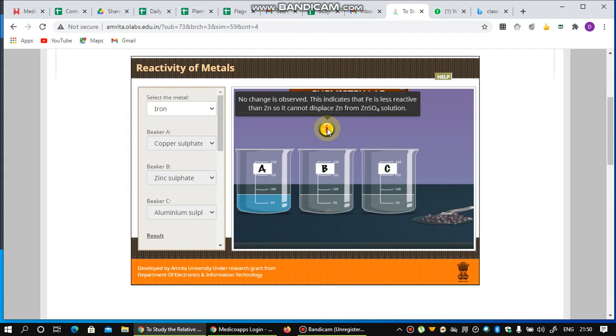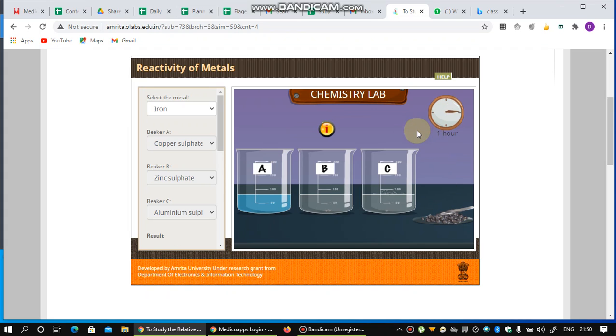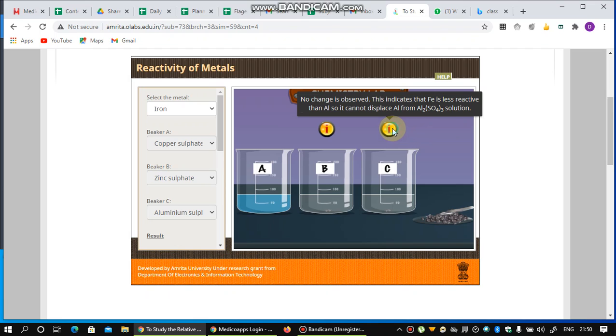This indicates that iron is less reactive than zinc, therefore it cannot displace it. Putting it in beaker C, that is aluminum sulfate, again no change is observed, which indicates that iron is less reactive.